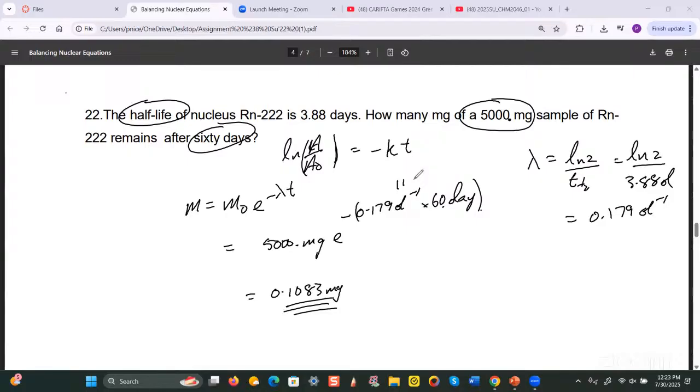Okay, what did I do wrong? Okay, it looks like you get a different answer here. So when I rounded off this to 2 sig figs, let me do this one more time just to make sure.